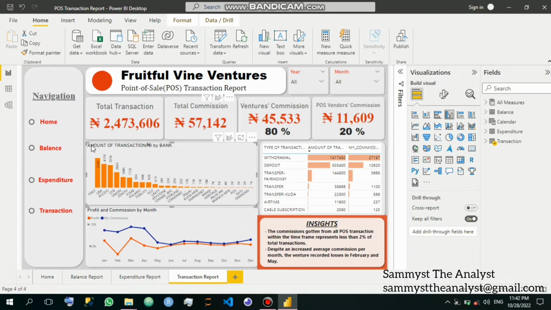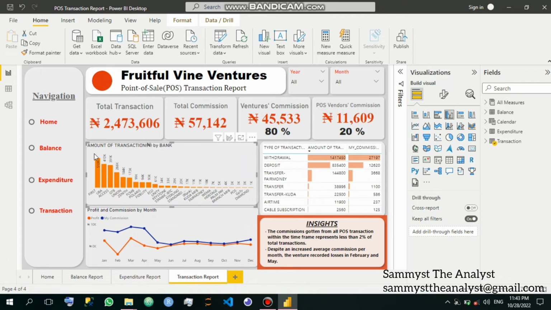Now when you look at this place, this is actually a column chart, which shows the amount of transactions by bank. As the customer comes in, they come in with different types of ATM cards, and apart from that, they try to transfer to different banks.